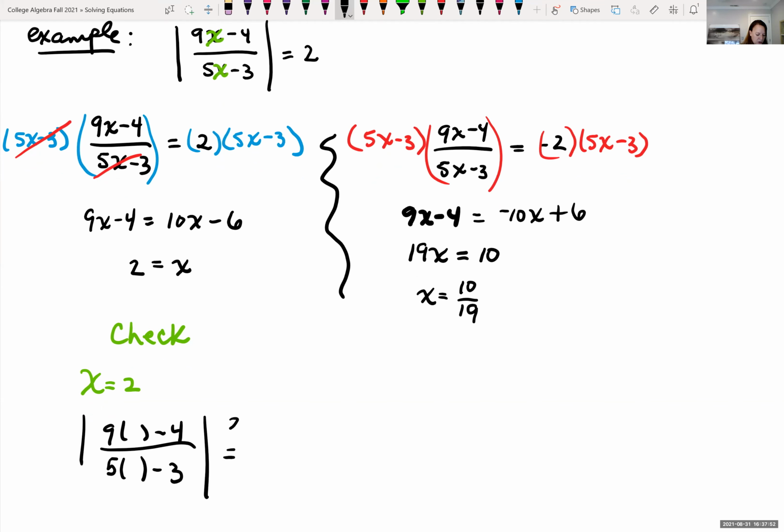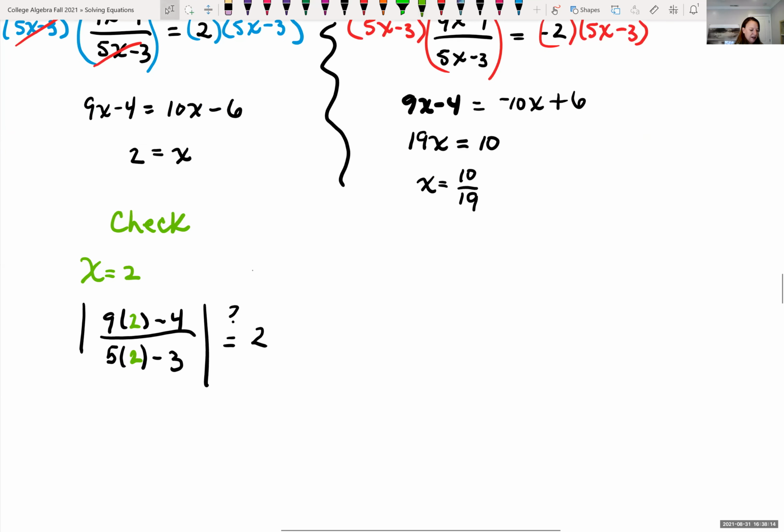Is this really equal to 2? So let's plug in 2 wherever we saw an x where we put parentheses and see if this is a true statement.